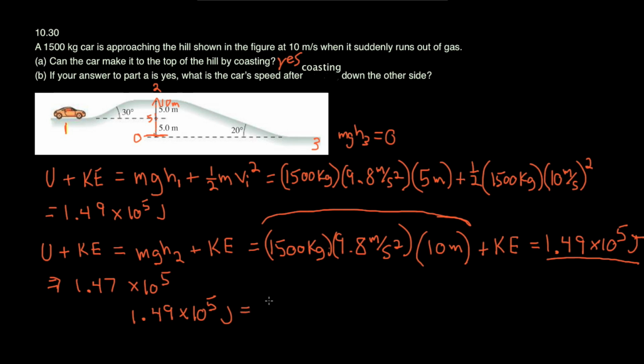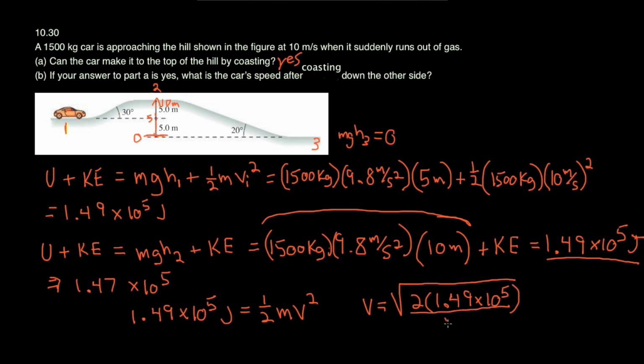is going to be equal to the kinetic energy, or 1/2 mv squared. Just rearranging, we get v is equal to the square root of 2 times 1.49 times 10 to the fifth over m, all under the square root.